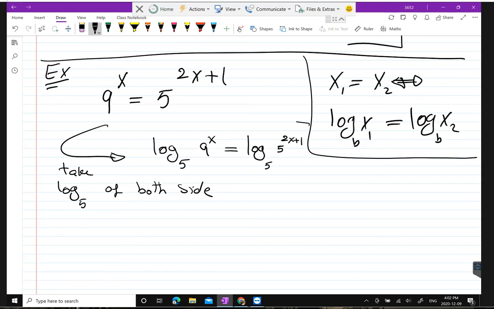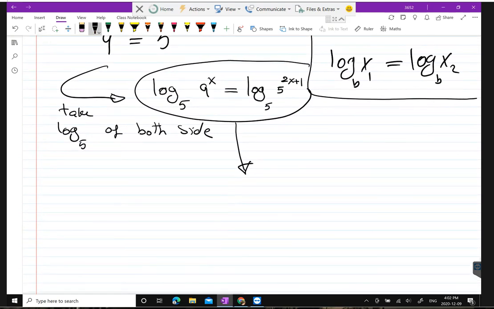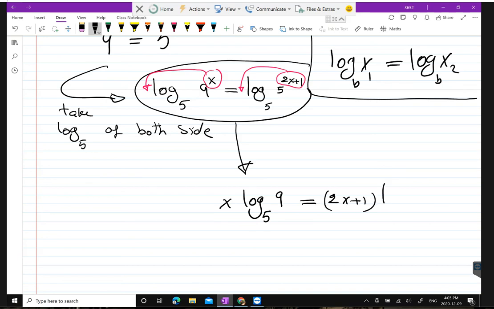And now from here, x can sit in front, 2x plus 1 also can sit in front, and then you will have x logarithm of 9 base 5 is equal to 2x plus 1 logarithm of 5 base 5.